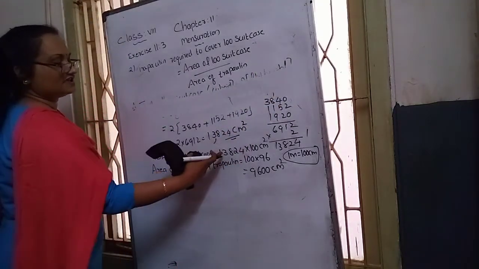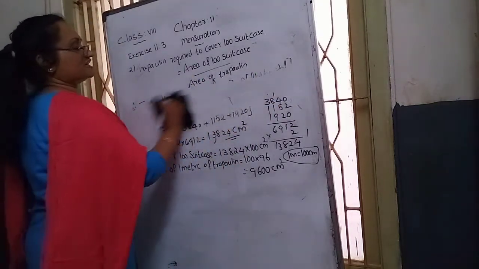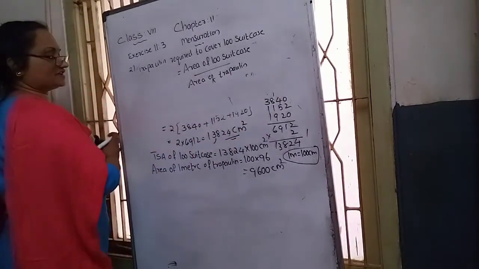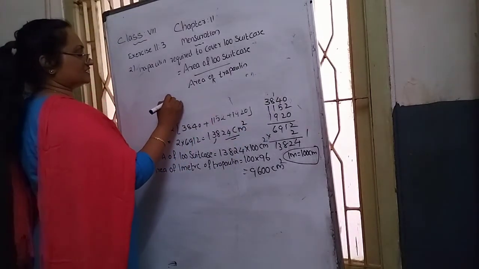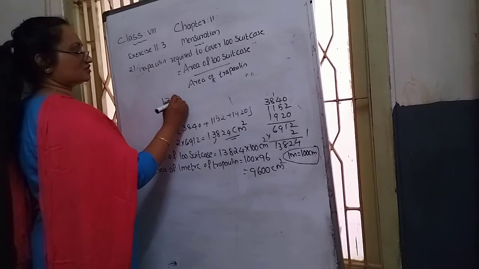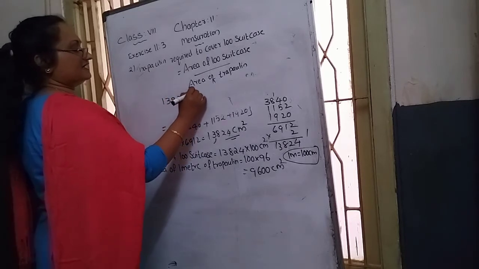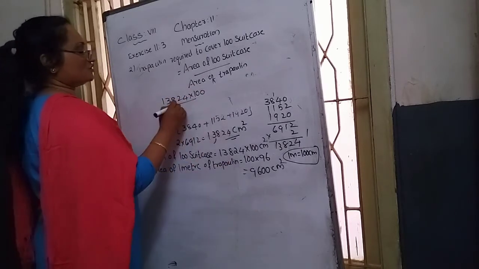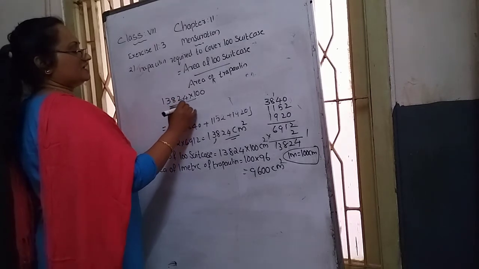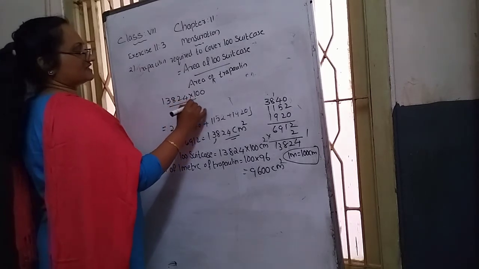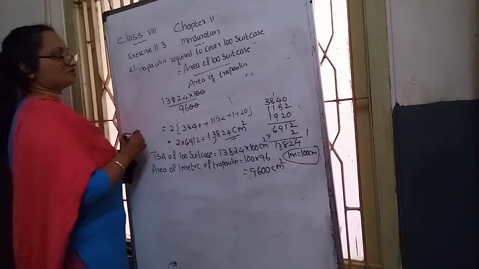This is the answer, 13,824, multiplied with 100. So 13,824 into 100 divided by the area of a tarpaulin, which is 9,600. See, two zeros are easy to cancel.